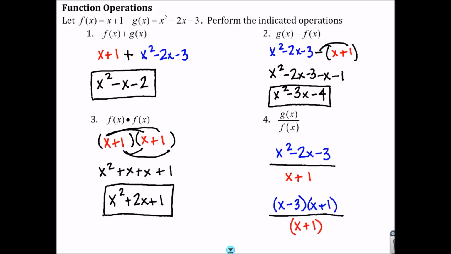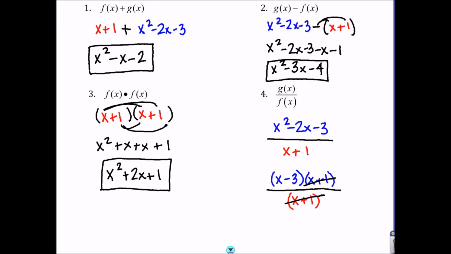So now, since both the numerator and denominator have an x plus 1, we can cancel those because they are factors. And we're left with x minus 3 as our final answer. So that is function operations. We could be adding, subtracting, multiplying, or dividing two different functions or a function with itself.